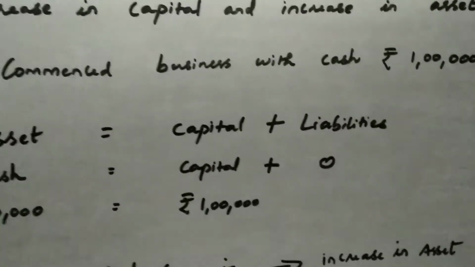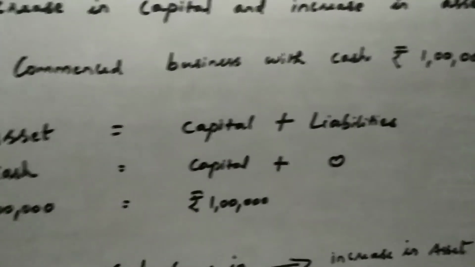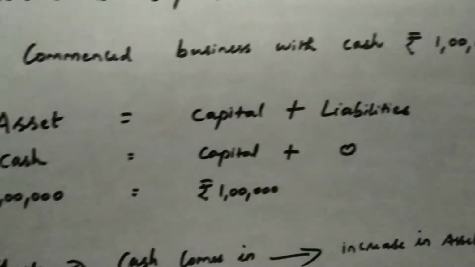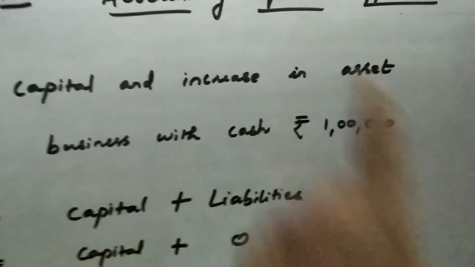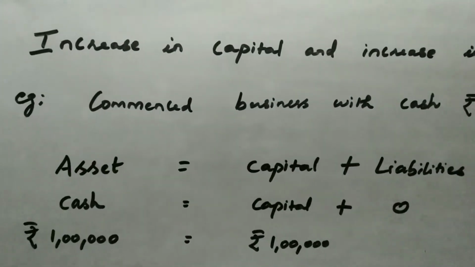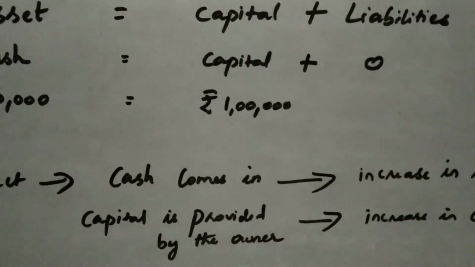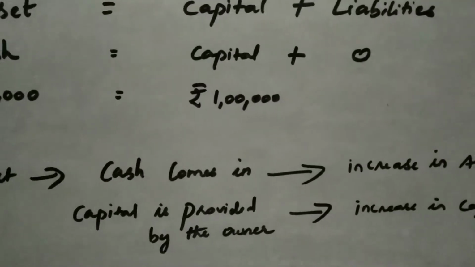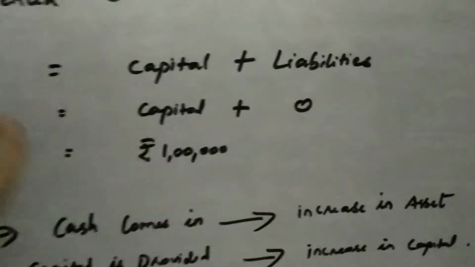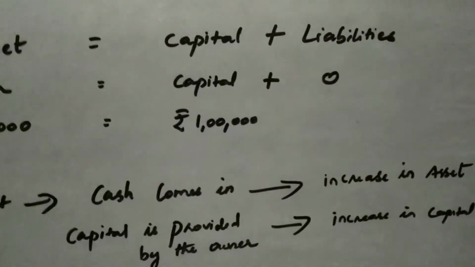When we commence business with cash, cash is coming into the business, so there is an increase in the asset. Similarly, capital is provided by the owner, so there is an increase in the capital.